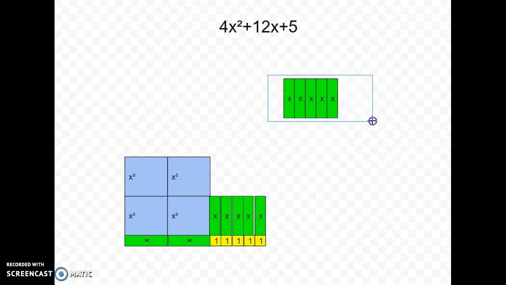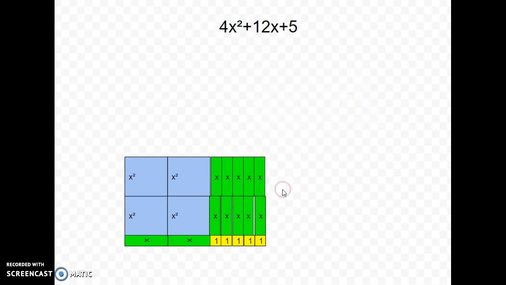Okay, I'm just going to grab this whole chunk over here and fill it in. Okay, so you see my lining them up isn't perfect, but the square is complete. We have a full rectangle here, and we've used all the blocks, and they're in an order that seems pretty good. So now we're going to work on finding how this is factored.